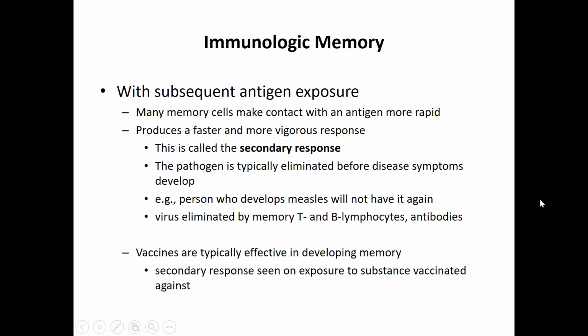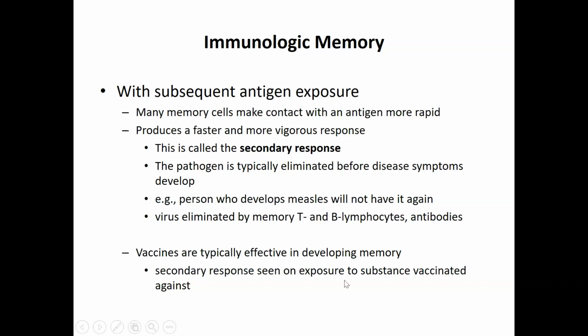A good example of that is if you were already exposed to a virus, like flu virus. Flu is not a good example because flu changes a lot, but measles, I guess, is a good one. If you're exposed to measles in childhood and you've had that disease, it's run its course, that's your primary response. And if you are exposed to it a second time, you won't develop the symptoms of measles because you'll generate a secondary response.